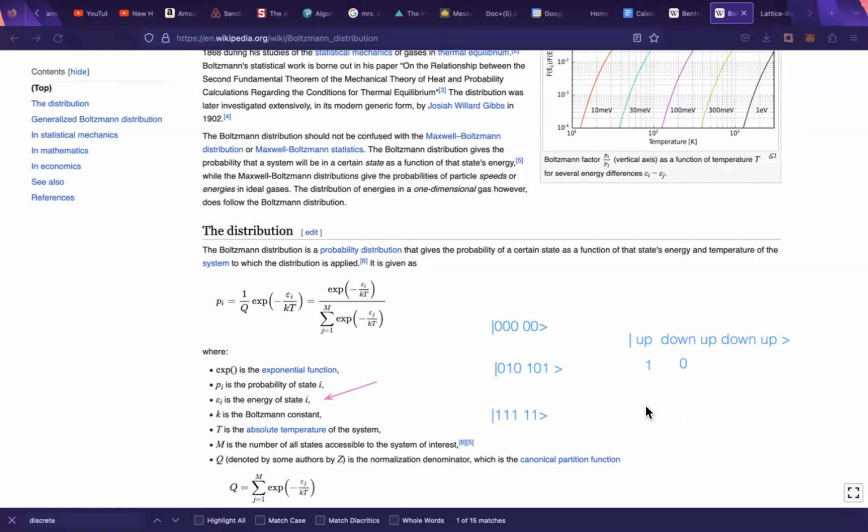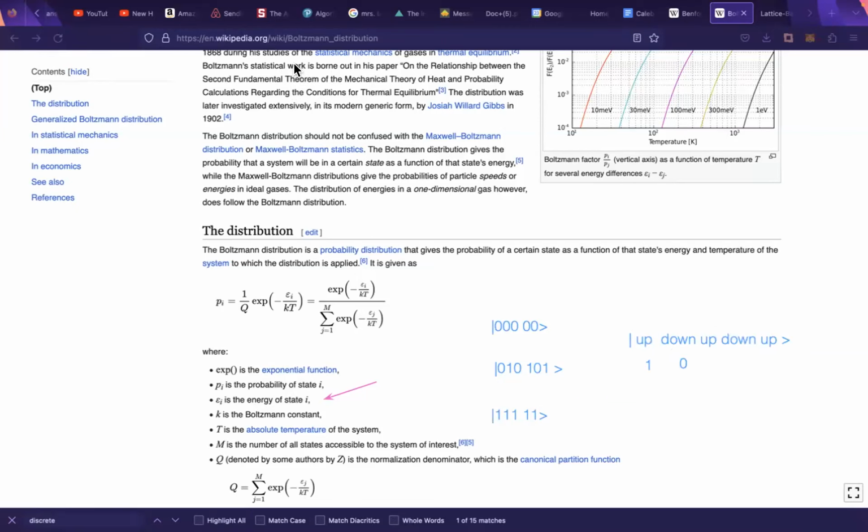Then there's a coupling function that tells you you're in a lower energy state if two neighboring particles either agree or disagree. I forget which rule.